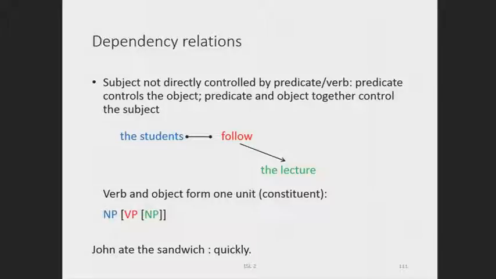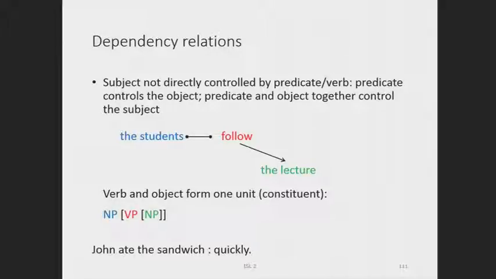For example, if I look at the sentence, John ate the sandwich quickly. Take the word quickly and see where else you can put it in the sentence. So I can have, quickly John ate the sandwich. John quickly ate the sandwich.